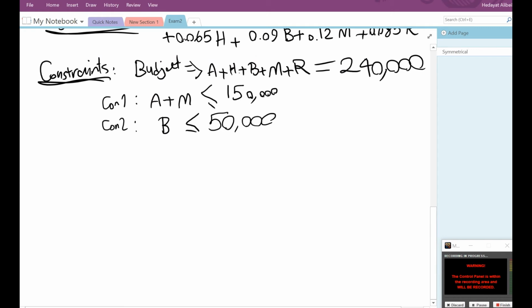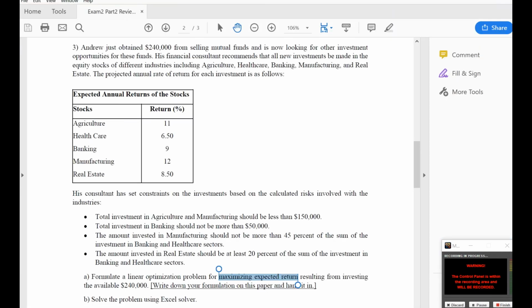For constraint 3, the total amount invested in manufacturing should be less than or equal to 45% of the total money invested in banking and healthcare sectors, yes.